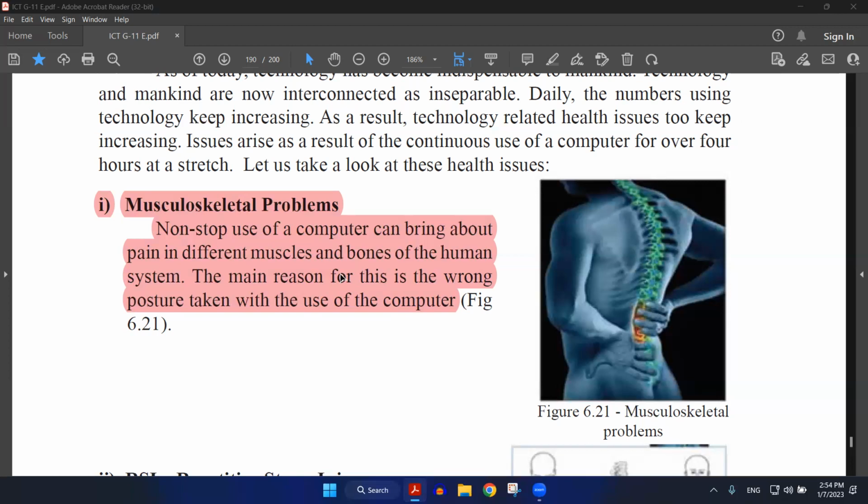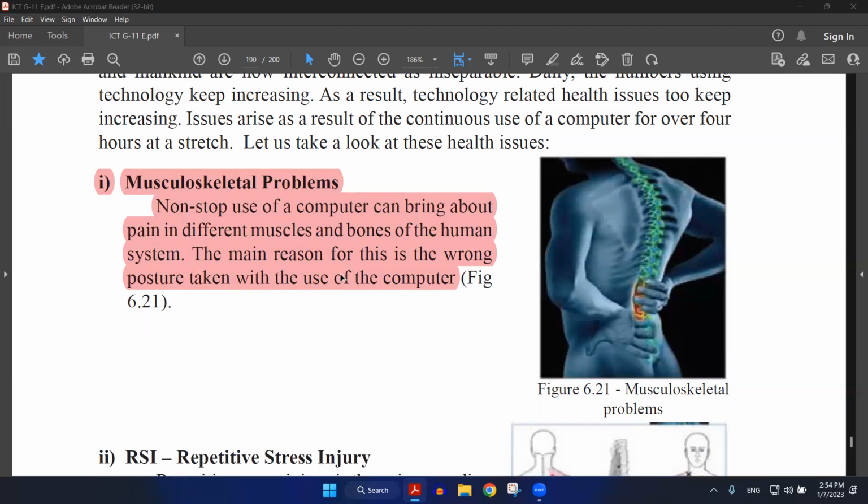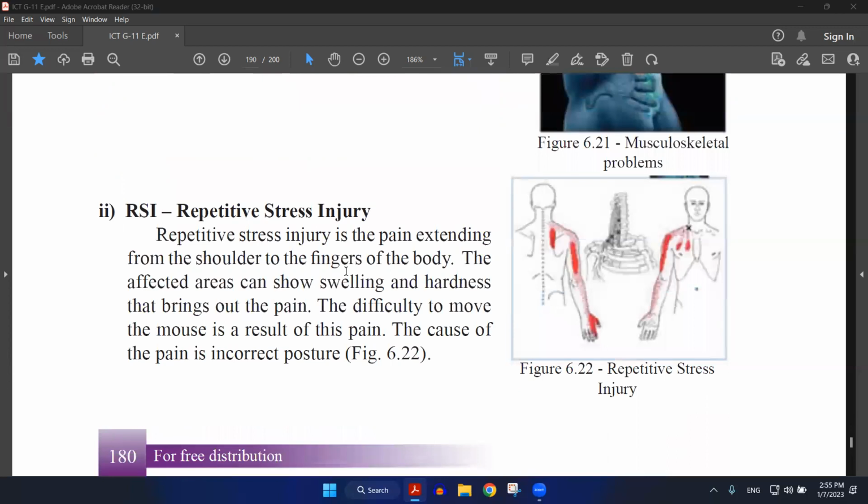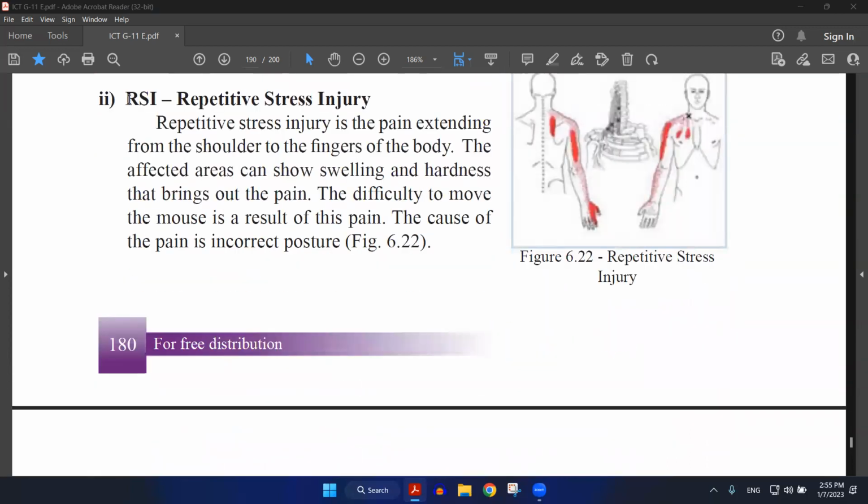Anyone who is still writing this? Right, moving forward. Repetitive stress injury.